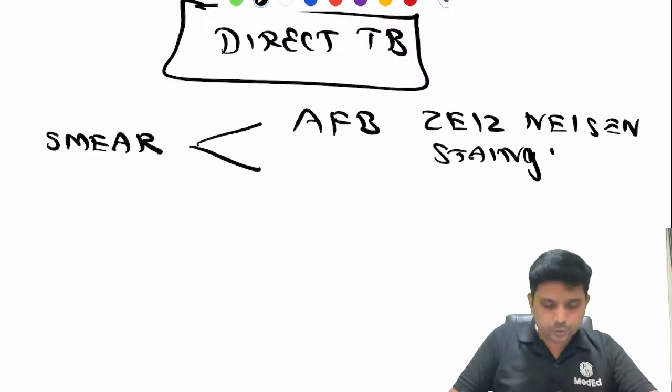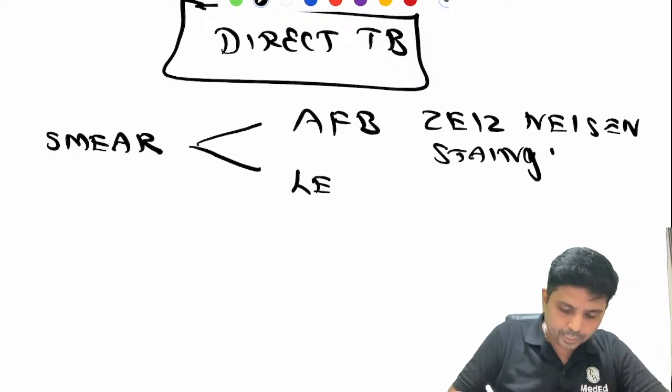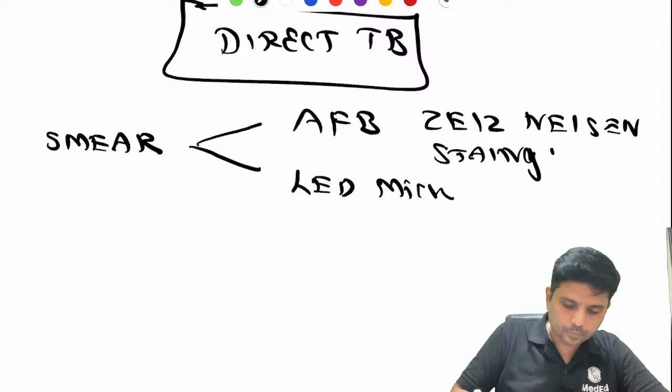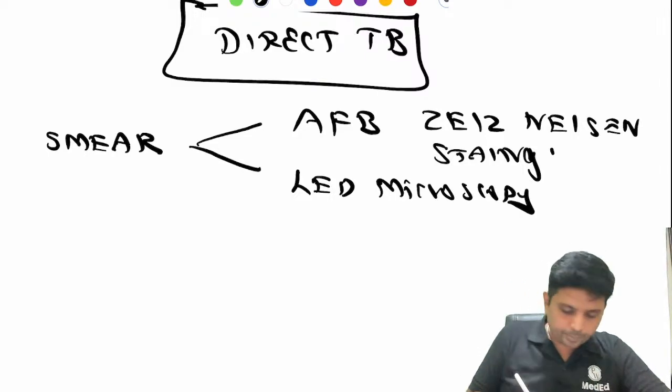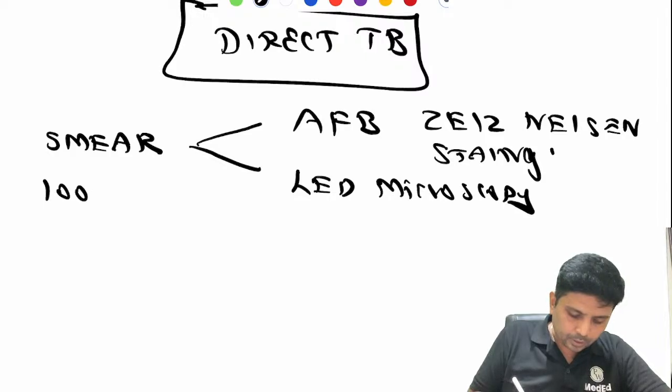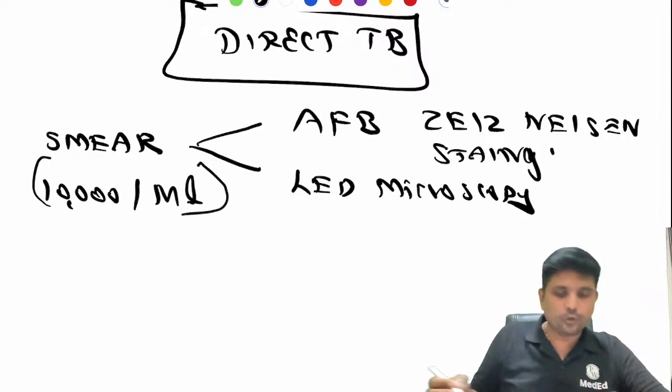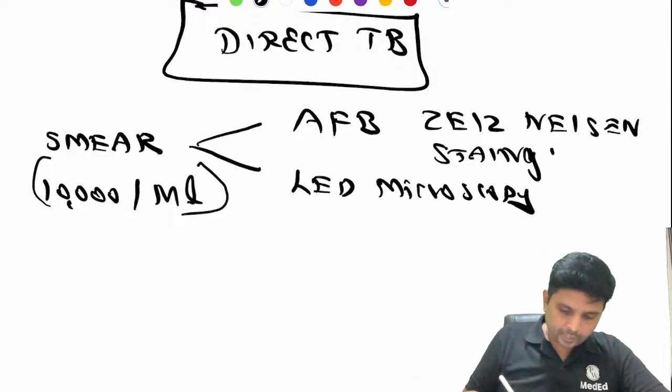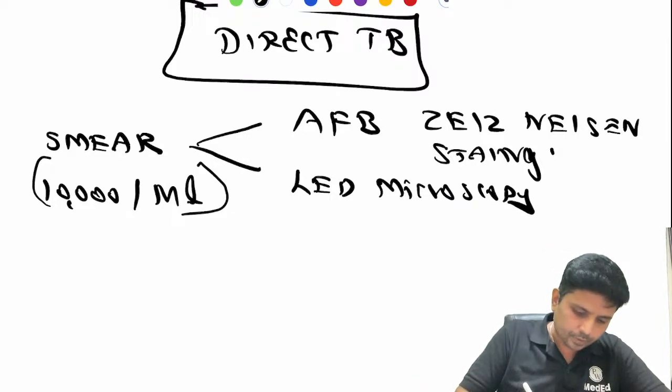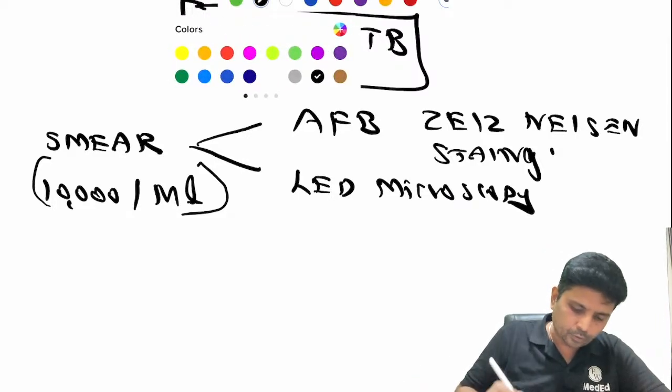Another is using the same smear with an LED microscope. But this is not sensitive because you need to have 10,000 bacilli per ml to have a positive result. So we don't use it.